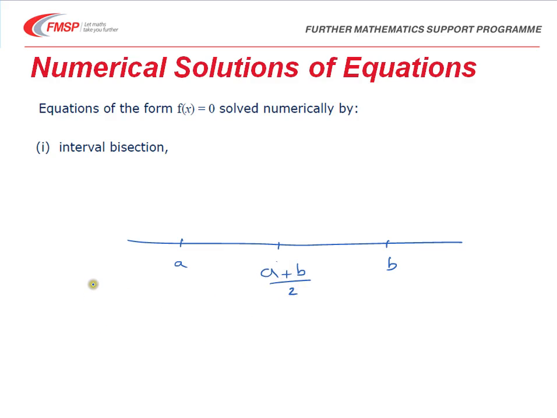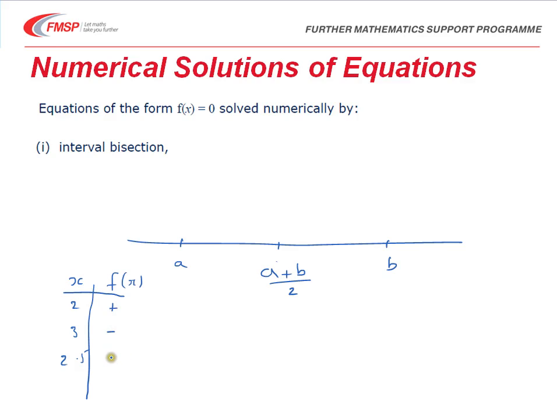These are often done by tabulating, so you'd have a table of x values, for example 2 and 3, and calculate f of x, and then go on to 2.5, noting perhaps that this would be positive and negative.